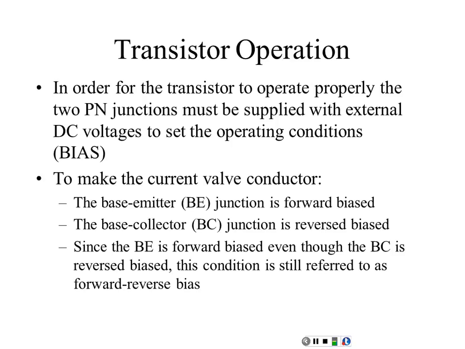Y'all understand? Since the base emitter junction is forward biased and the base collector is reverse biased, this condition is called forward bias, because this is what's required to make the transistor operate. Do y'all understand? Yes or no?